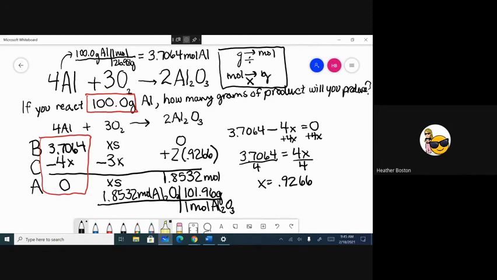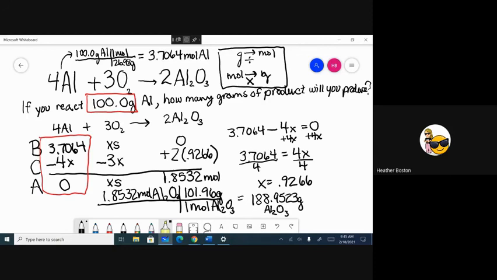Now, in my calculator, I just put the multiplied sign in because I already have the number written there, and I get an answer of 188.9523 grams, and I'm going to round it to the right number of sig figs, which comes from my given. So let's look at this given, 100.0.